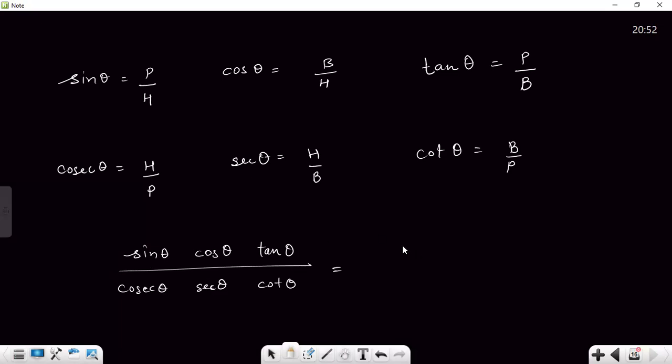Sin theta is perpendicular upon hypotenuse. What is cos theta? Base upon hypotenuse. What is tan theta? Perpendicular upon base. Now if you compare, sin theta is P by H, cos theta is B by H, tan theta is P by B. So this makes it very convenient for you to learn, and just learn it by Pandit Badri Prasad.